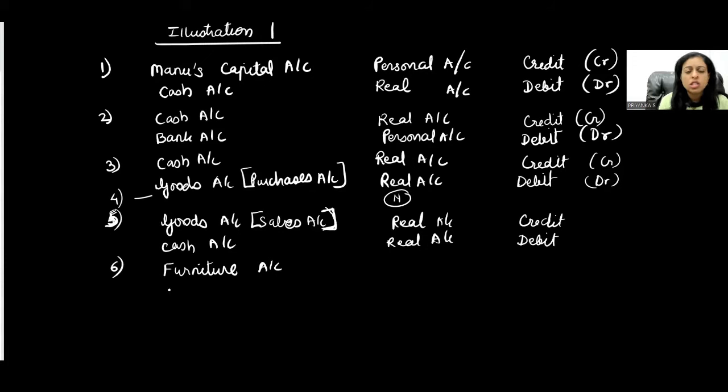So whenever in accounts nothing is specified, we assume that the transaction was made on cash. Unless and until a name is given or something is specified, we assume that the transaction was made in cash. So furniture account is real account. Cash account is also real account. So furniture is coming in, cash is going out. Debit what comes in, credit what goes out.